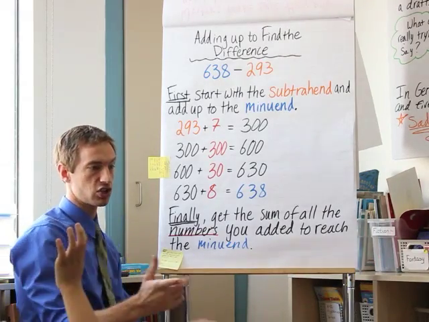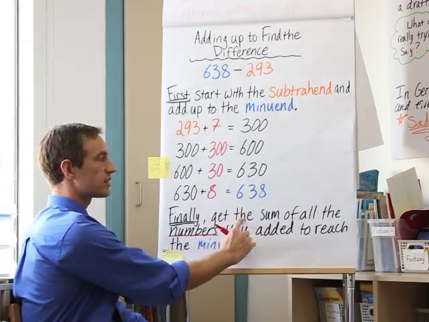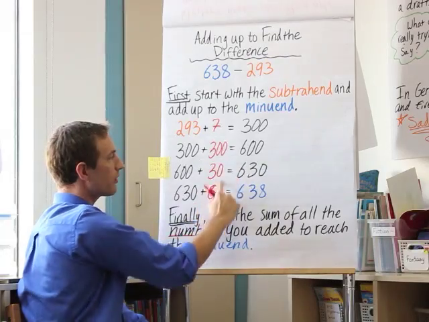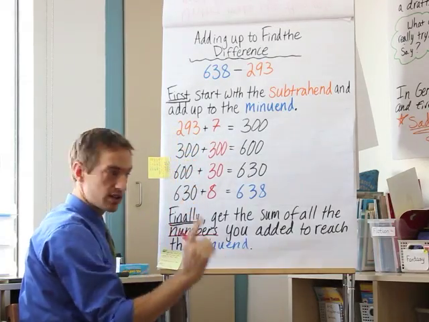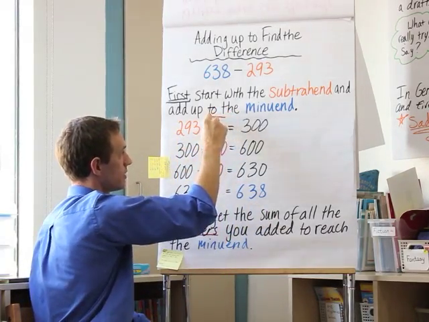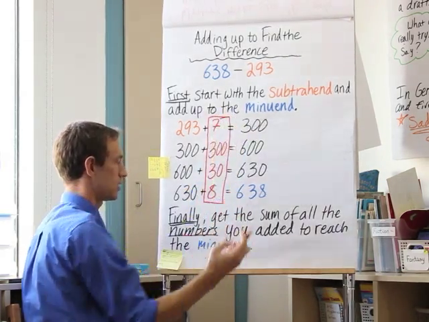Give me a thumbs up, Aisha. All the red numbers. Get the sum of all these numbers you added to this to get to the minuend. All right.